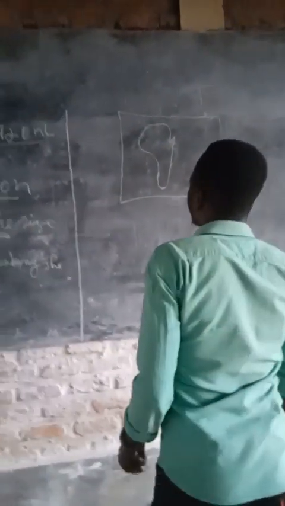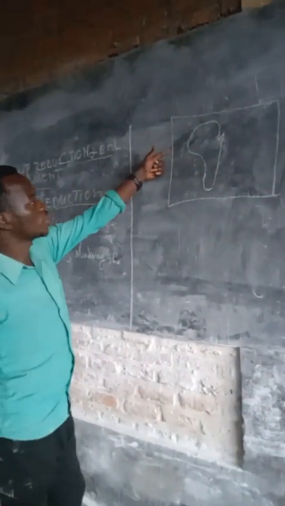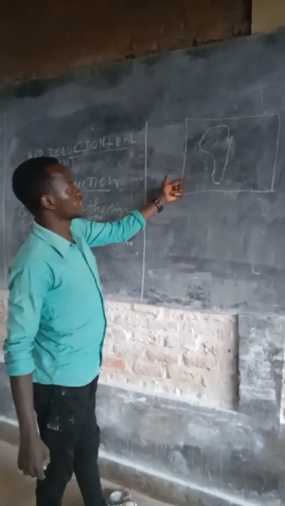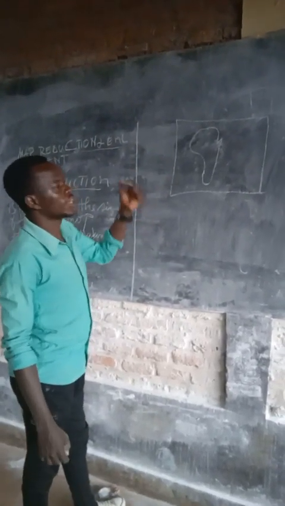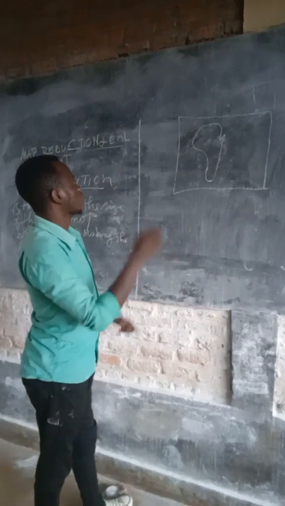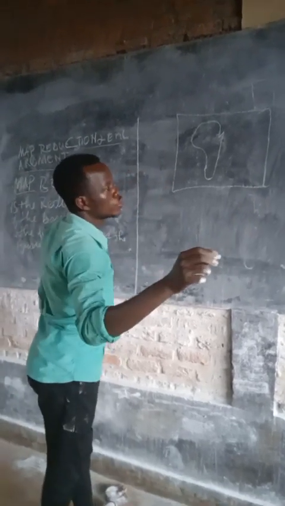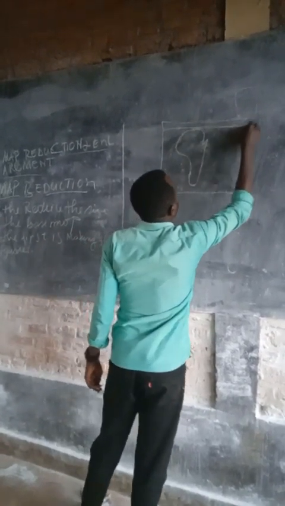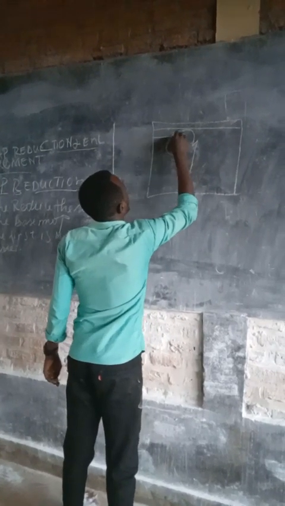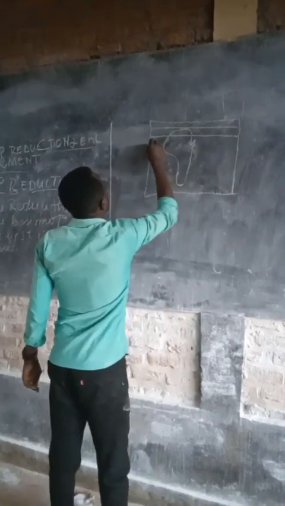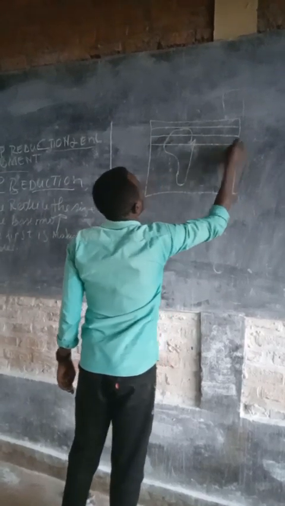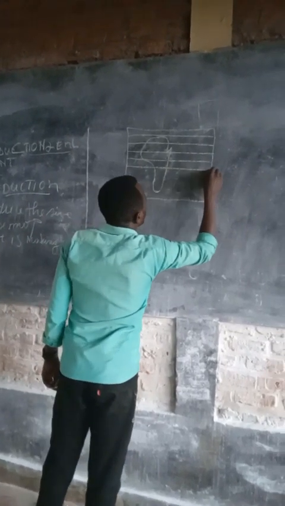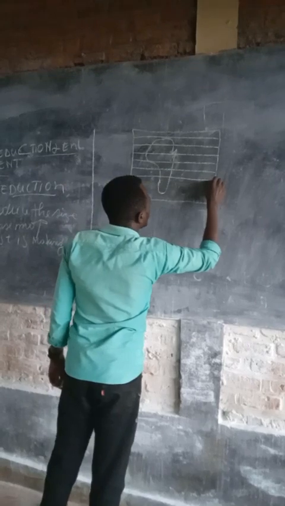We know there are lines which divide it into different parts. There are the lines which are the longitude and the latitude. Latitude lines are the horizontal lines which divide the different parts of the map. These are the latitude lines.